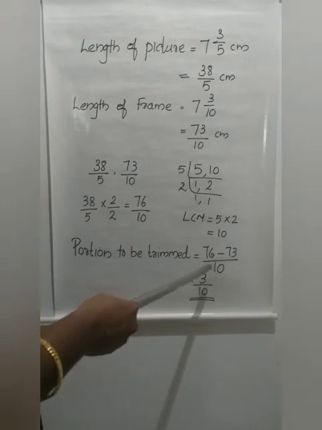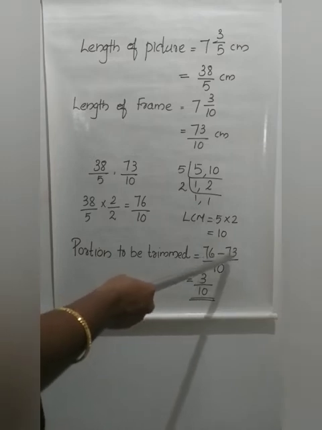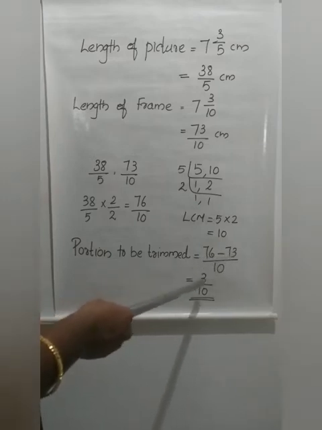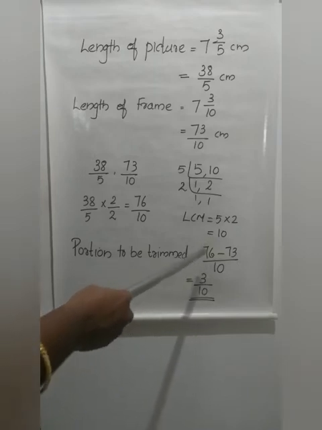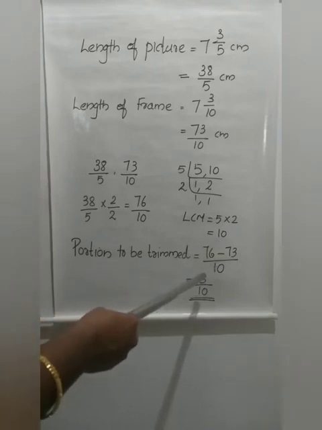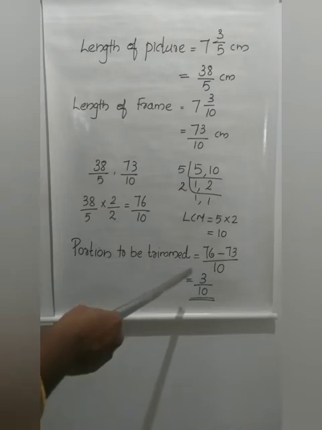Since the denominators are the same, we can subtract directly. 76 minus 73 over 10 gives 3/10. So 3/10 of the picture should be trimmed in order to fit the picture inside the frame.